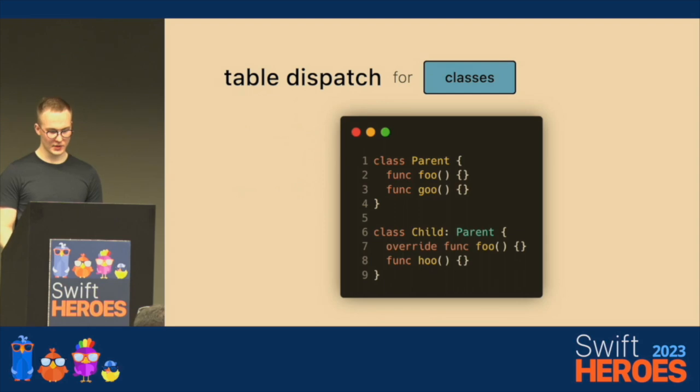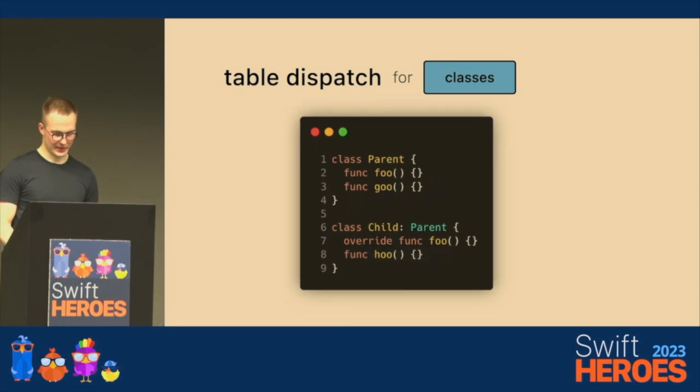So, another code example, we have two classes. The first one is Parent, the second one is Child, which inherits from Parent. And in the Parent, there is the foo function declared, and in the Child, we override this function. In the Parent, there is a go function as well, and in the Child class, there's the who function, which wasn't declared in the Parent class.